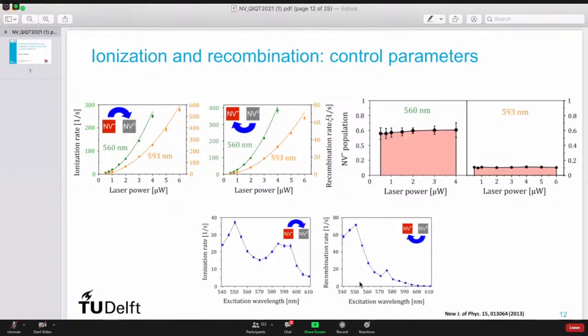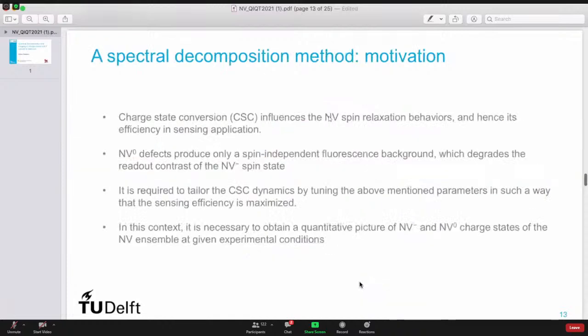So the thing is that there are two charge states, NV0 and NV minus, and in most of the cases, in most applications, the NV minus charge state is exploited.